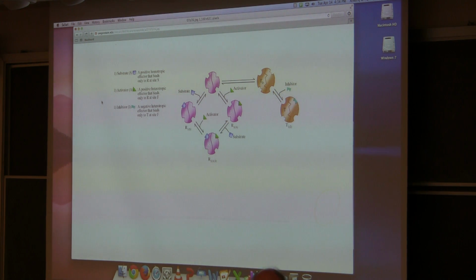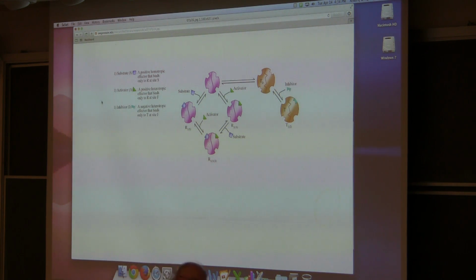We're going from T to R, or we're going from R to T. We can go either direction, depending upon whether we're binding an inhibitor or an activator, whether we're binding ATP or CTP. The magic model says, I don't know how it happens, but the enzyme flips from R to T on its own, and then when it binds the appropriate molecule, it gets locked in that state.